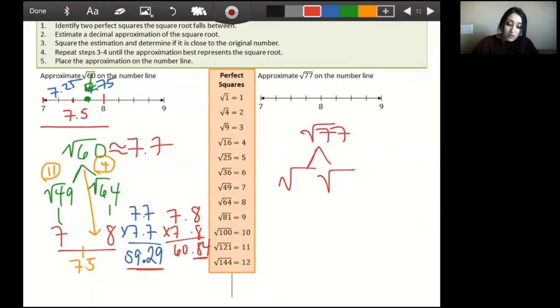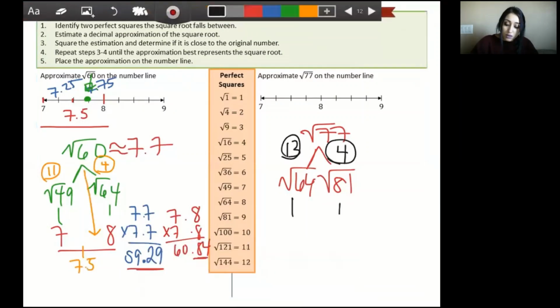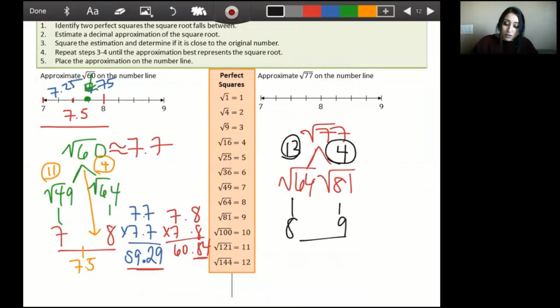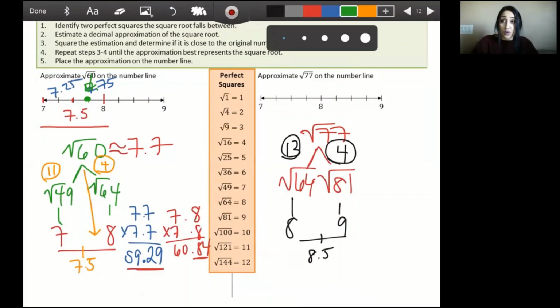It happens to be in between the square root of 64 and the square root of 81. 77 is 13 units away from 64, and it's 4 units away from 81. Got it. So now I know it has to be in between the whole numbers 8 and 9. Right down the middle, I have 8.5. Because the square root of 77 is closer to the square root of 81, I know that it has to fall in between 8.5 and 9.